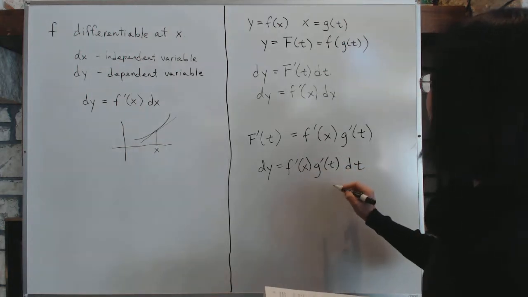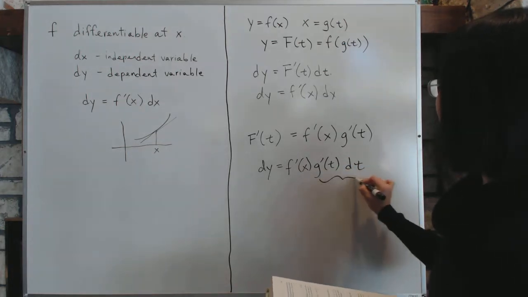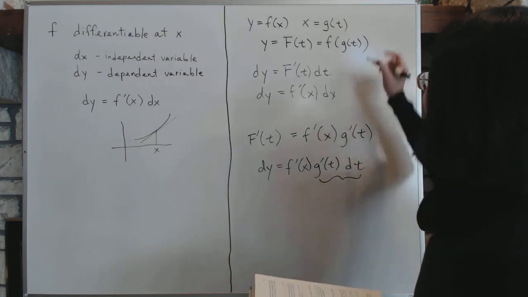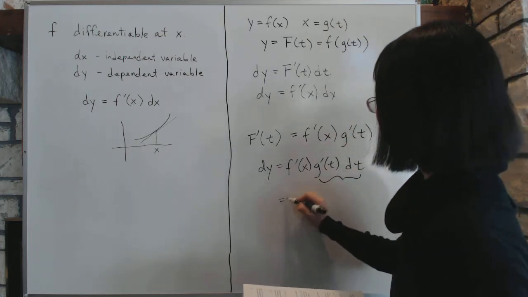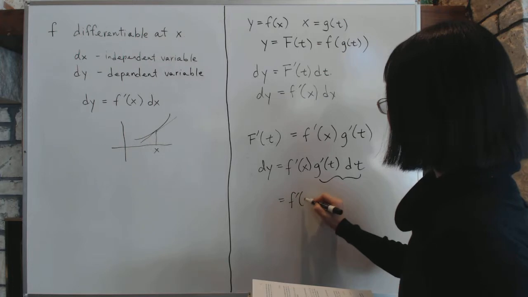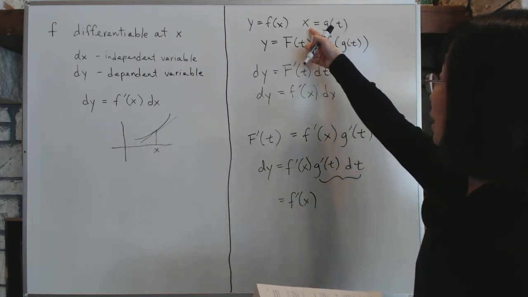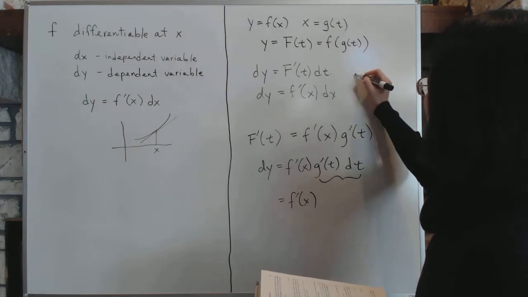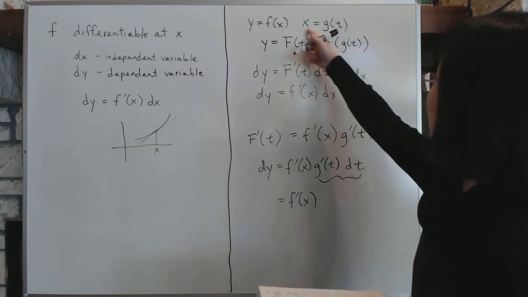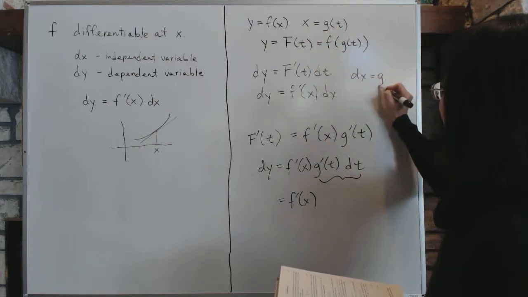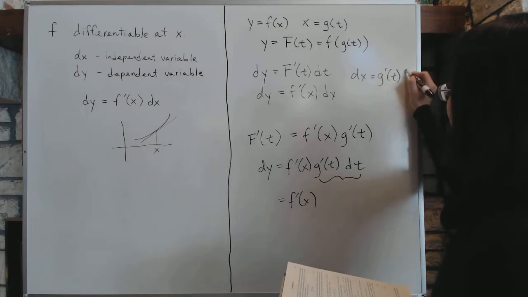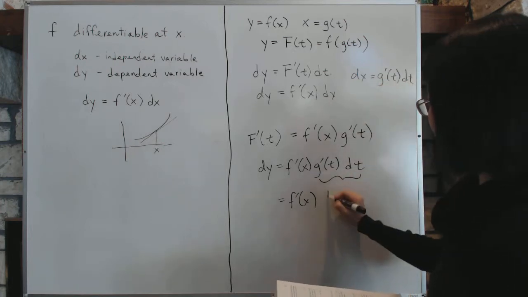And what is that part? f prime of x times g prime of t dt is the same as f prime of x dx, because dx equals g prime of t dt. So this substitution comes out the same.